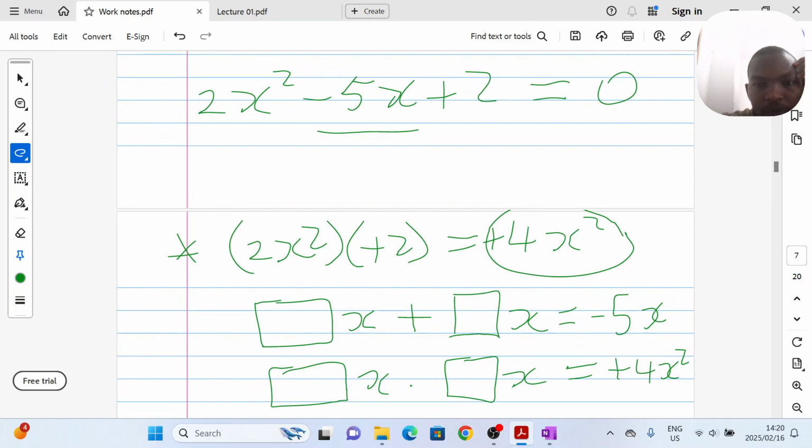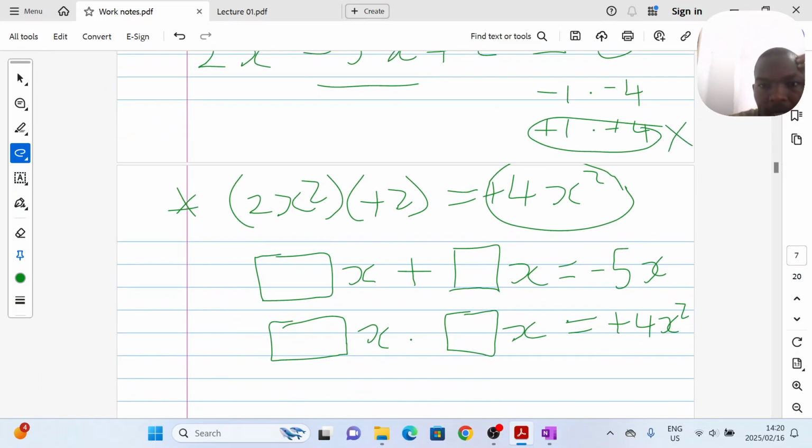So positive 4 can be produced by minus 1 times minus 4. That's the first one. And the second one can be positive 1 times positive 4. So we have those two. And take note of this: because we are adding those two terms, we want to get minus 5, so both must be negative. So this one cannot be part of that.